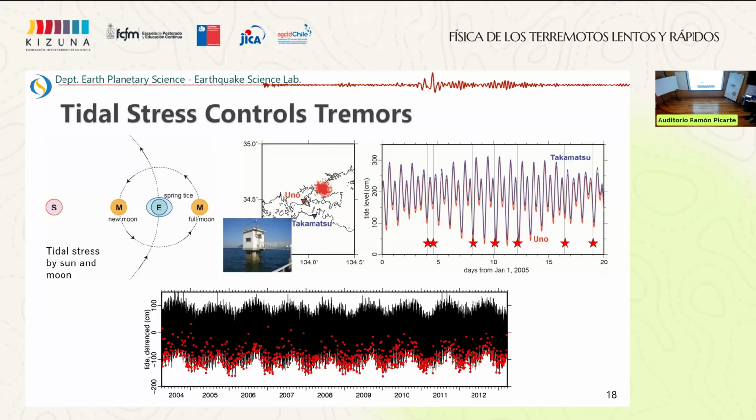That is the basic mechanism, and it can be useful to explain tremor occurrence in many areas, not just this place. So tremor is controlled by this kind of tidal stress. Tidal stress change is usually just 1 kilopascal. So it is very small, but not that different from the stress change due to slow earthquakes.